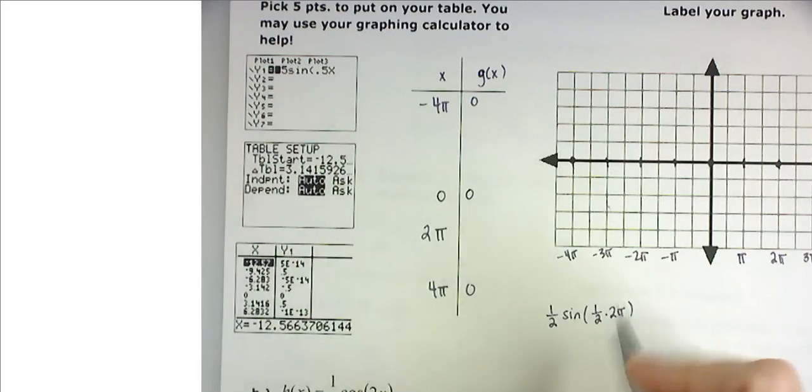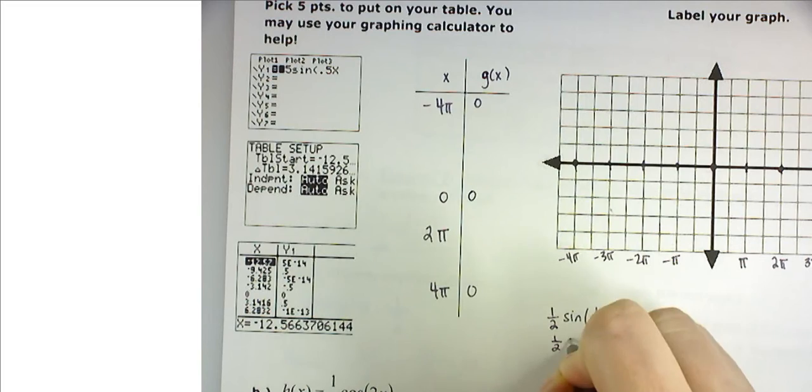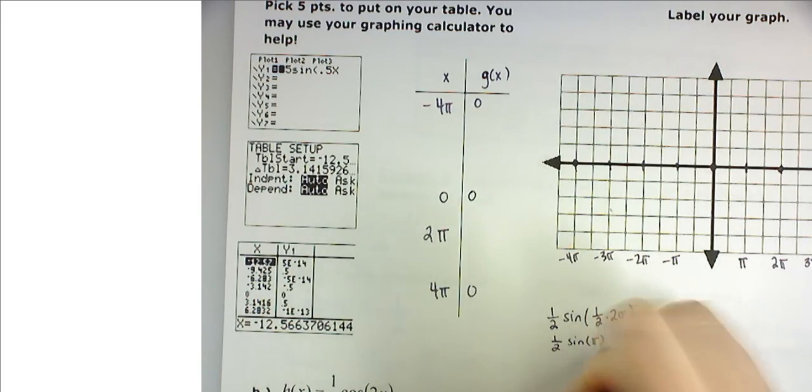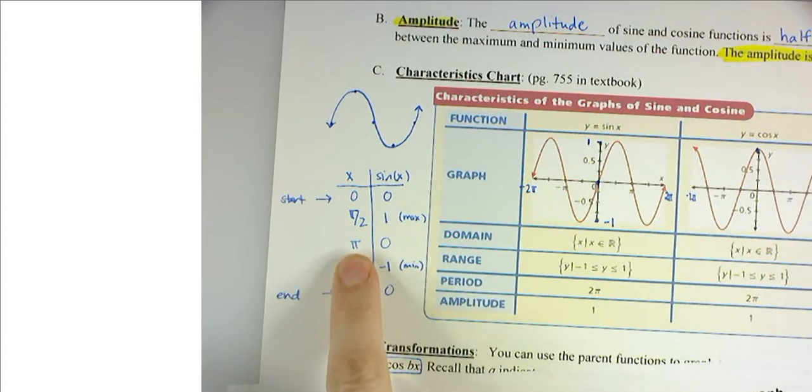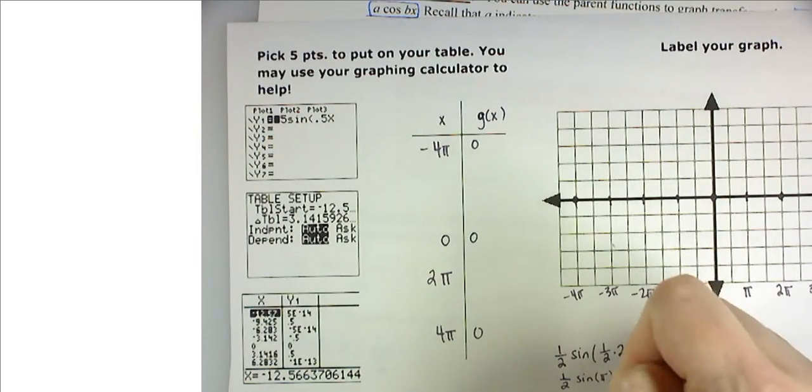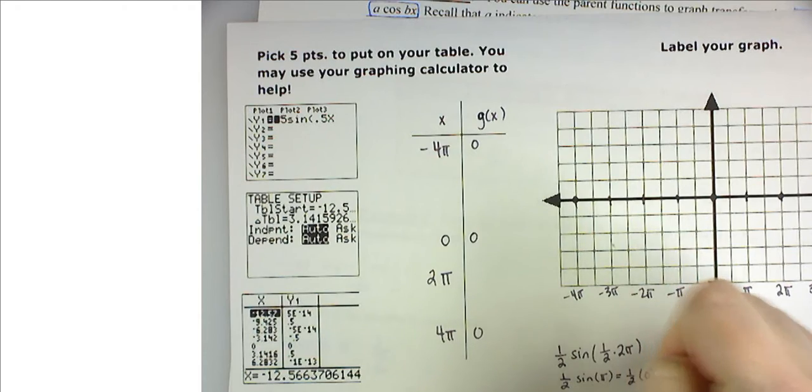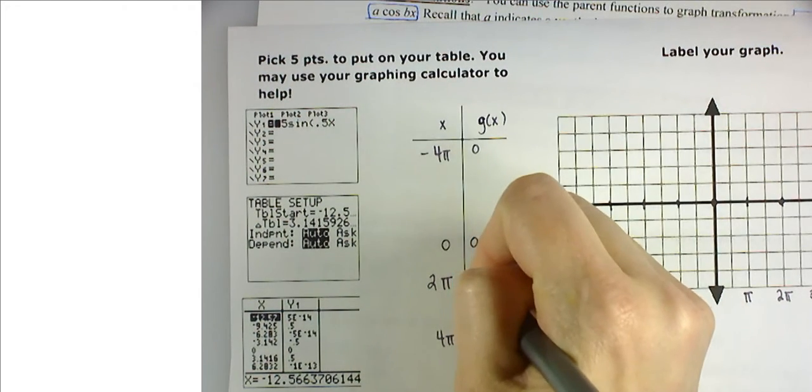So if I did 1/2 times the sine of pi, let's calculate. Well, the sine of pi we know is 0. So that means 1/2 times 0 is still going to be 0. Okay, so that is right.